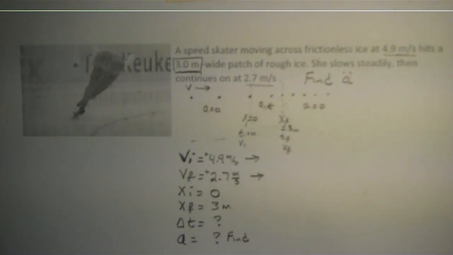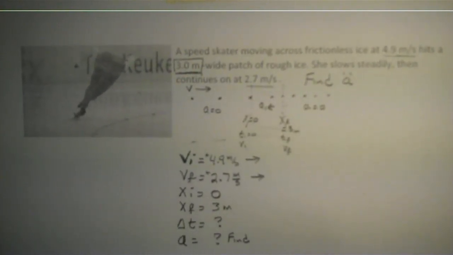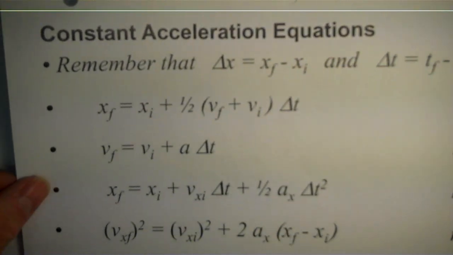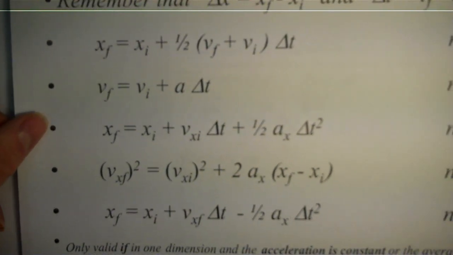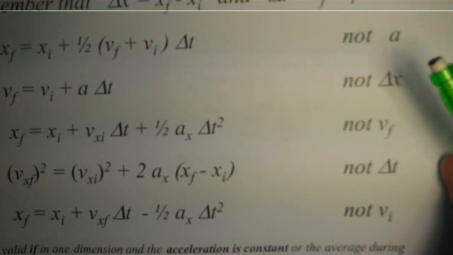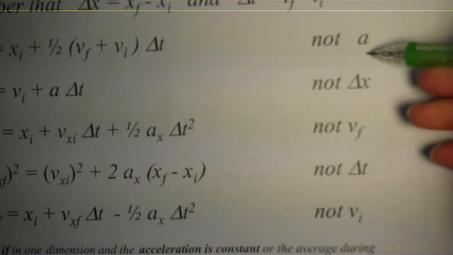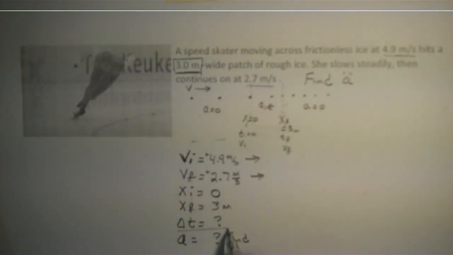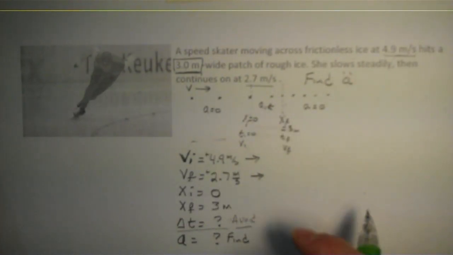Now here's where I go to my list of equations that we've provided earlier in class. I've got these 5 equations. What's valuable is this part over here: what each equation does not involve. Here, time is something that I do not know and I do not want, so I'm going to avoid it.